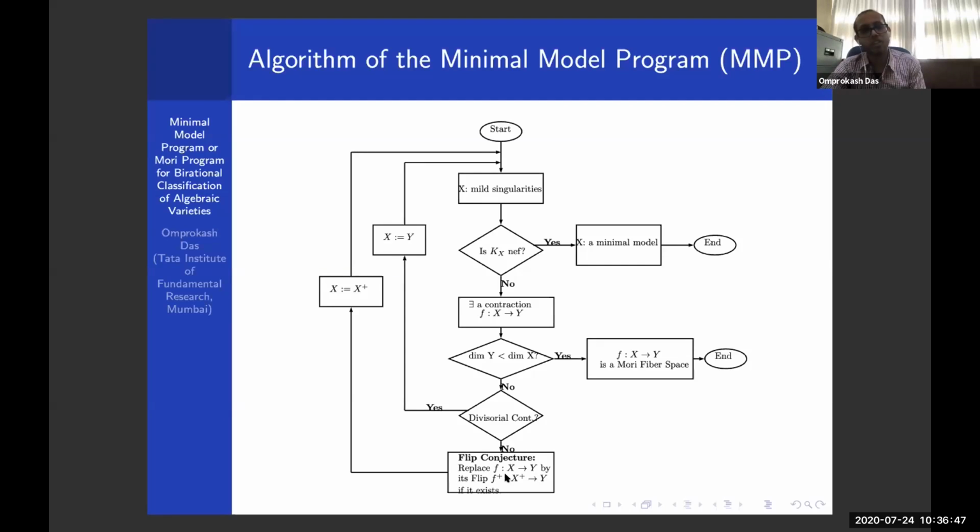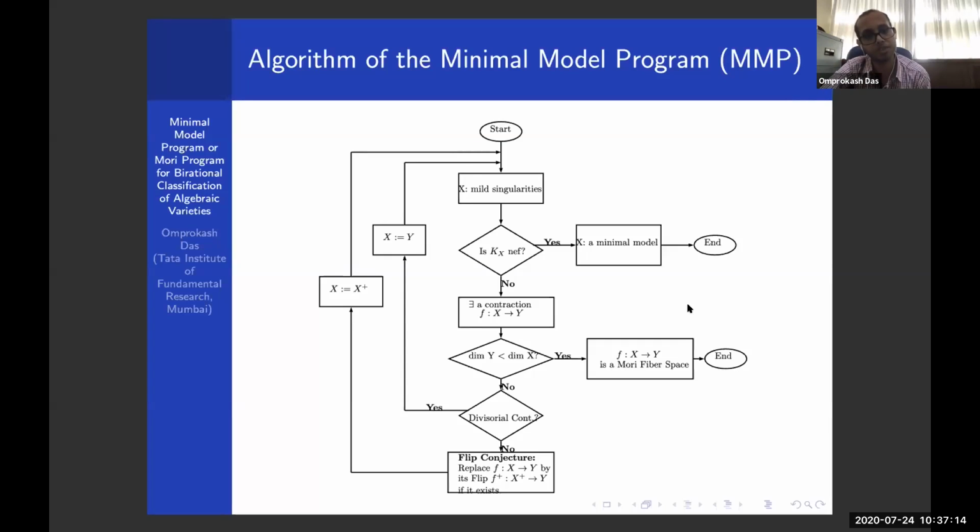Okay. So let's say I assume the flip conjecture, that it does exist. I can find a better variety X plus that is birational to both X and Y and has good singularity. Then replace X by X plus and continue with this program. So that's it, this is the minimal model program. You start with a variety and ask whether K_X is nef. If it is nef, you have a minimal model. If it is not nef, then you have a contraction. If the base of the contraction is of smaller dimension, that's the Mori fiber space.